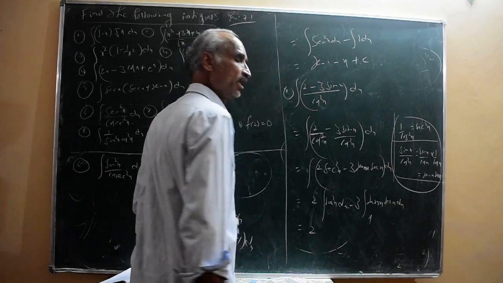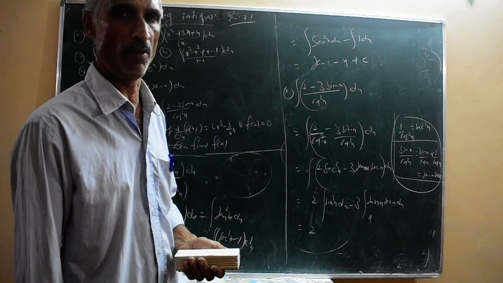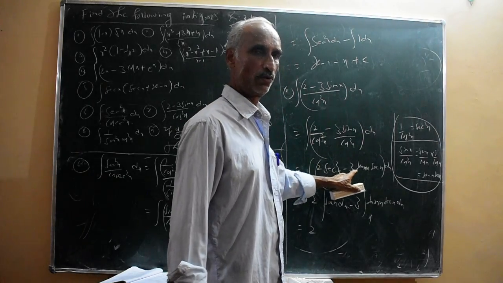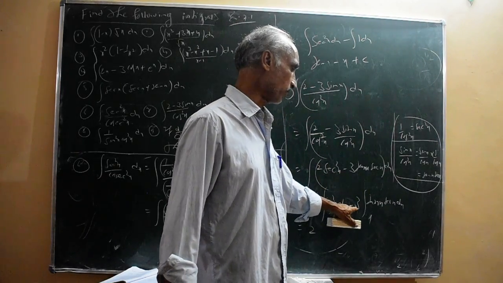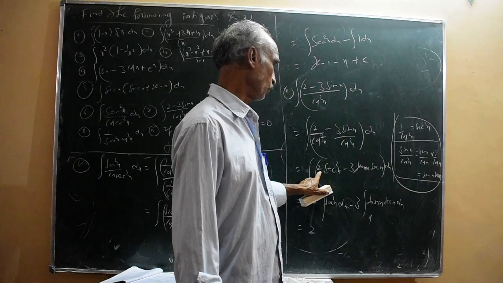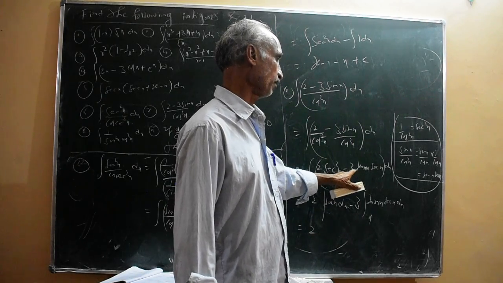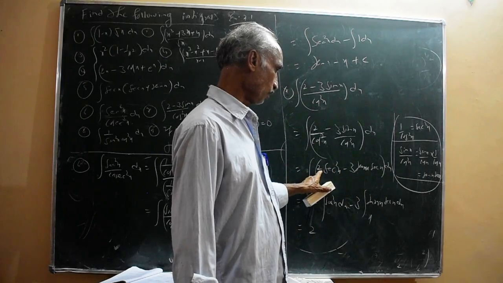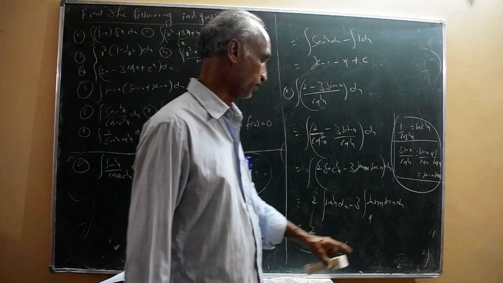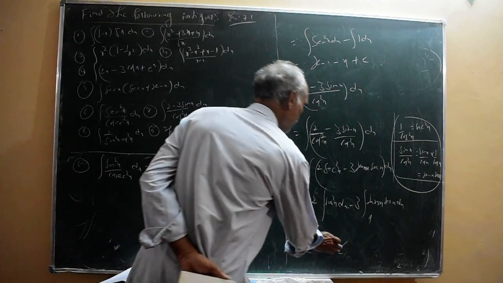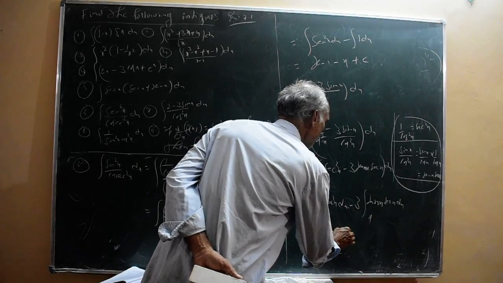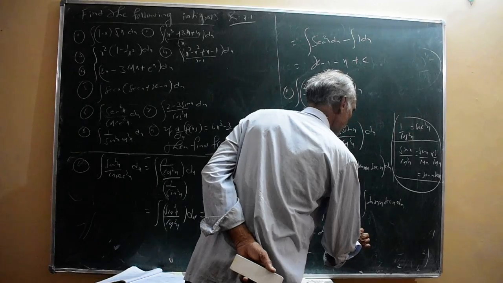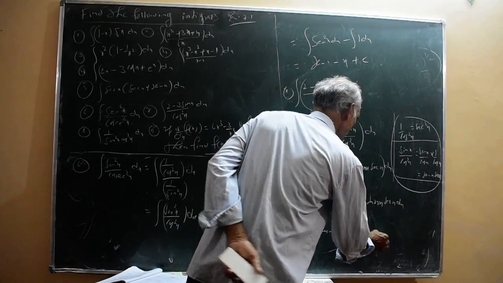That equals 2 into tan x minus 3 into sec x plus c.